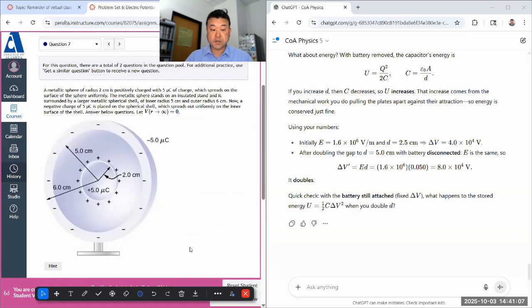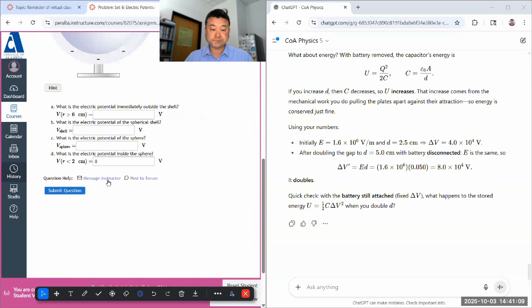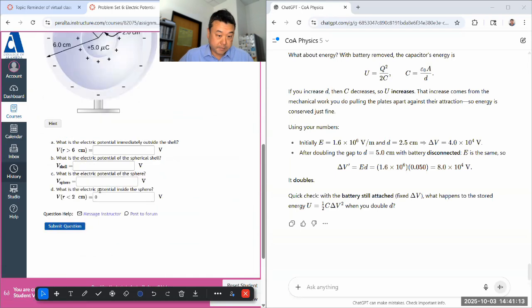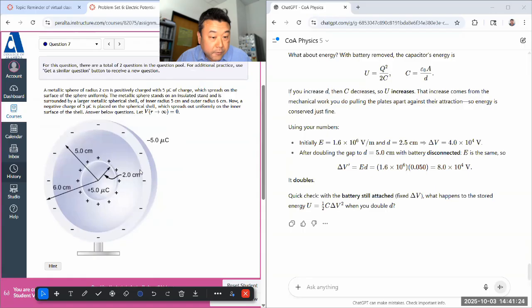People might put 0 here because the electric field inside the inner sphere is 0, and you might also think the electric field outside the outer sphere is also zero. I think the way it's set up, yeah.